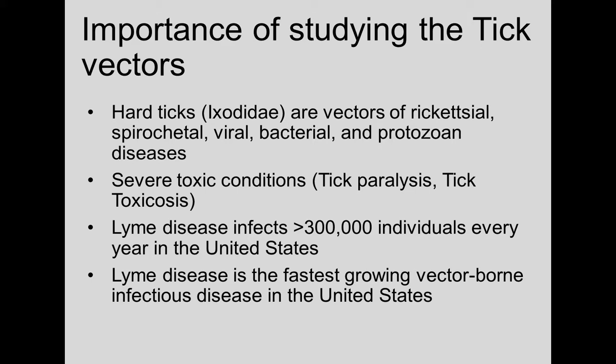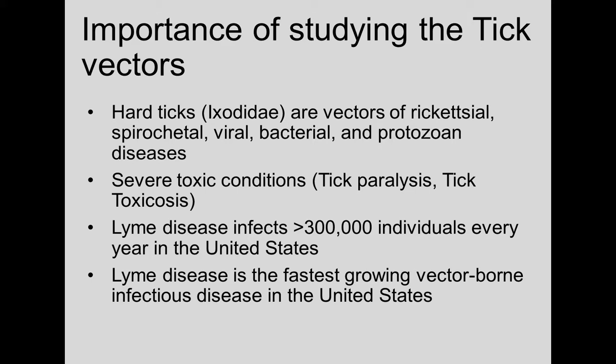They can also lead to severe toxic conditions, for example, paralysis and toxicosis. Lyme disease itself infects more than 300,000 individuals every year in the United States, and it is the fastest growing vector-borne infectious disease in the United States. So there's a big need for understanding these vectors.